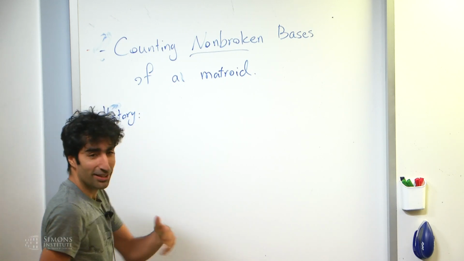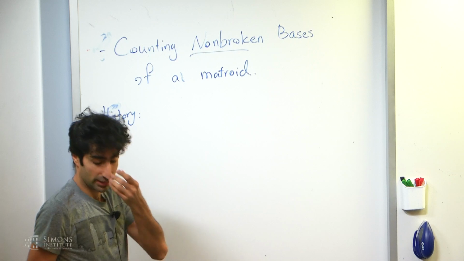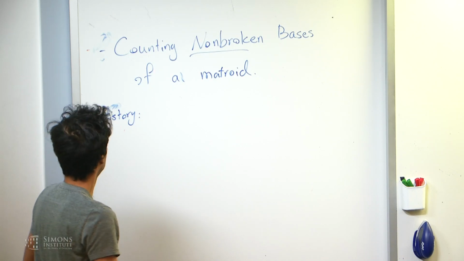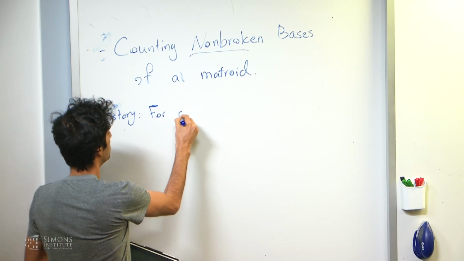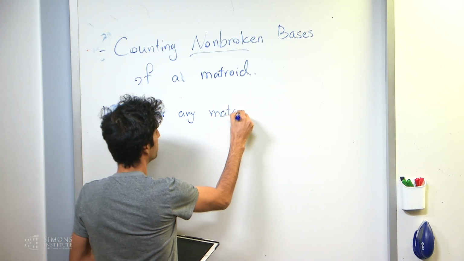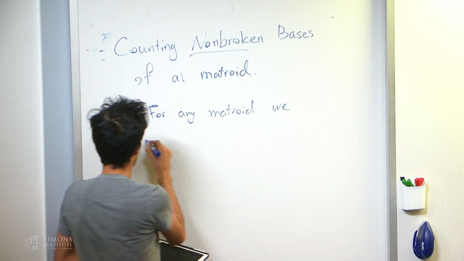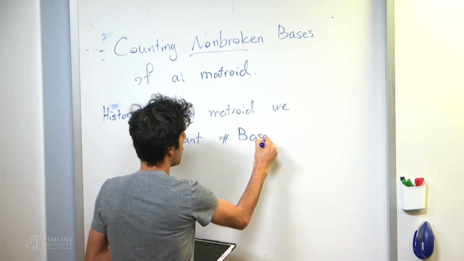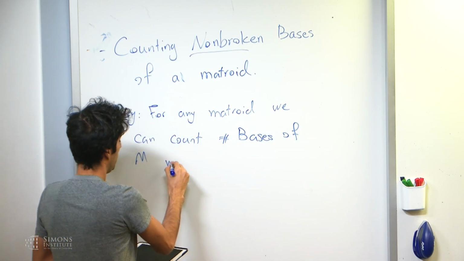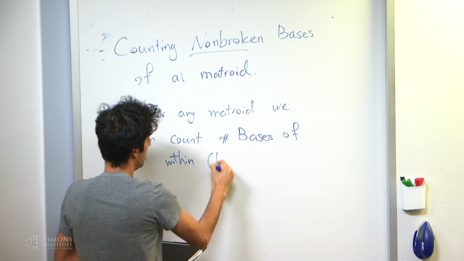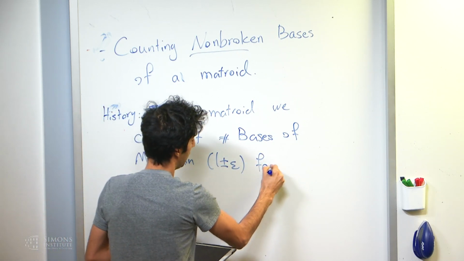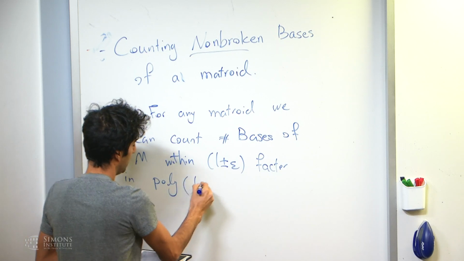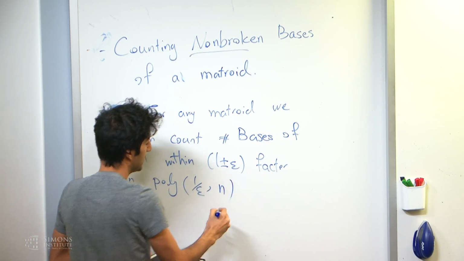So there will be talks tomorrow and on Thursday. You'll see that there are some recent works that now for any matroid M, we can count the number of bases of M within 1 plus or minus epsilon factor in polynomial time, in polynomial of basically 1 over epsilon and the number of elements of the matroid.